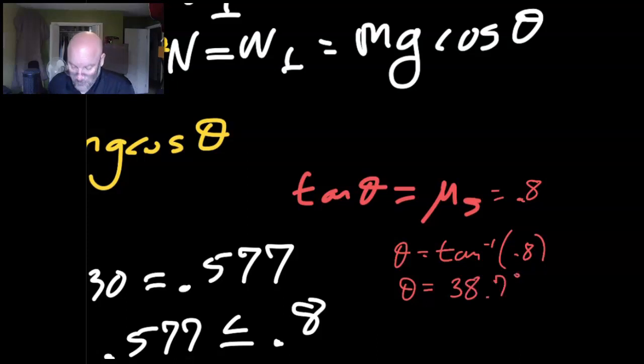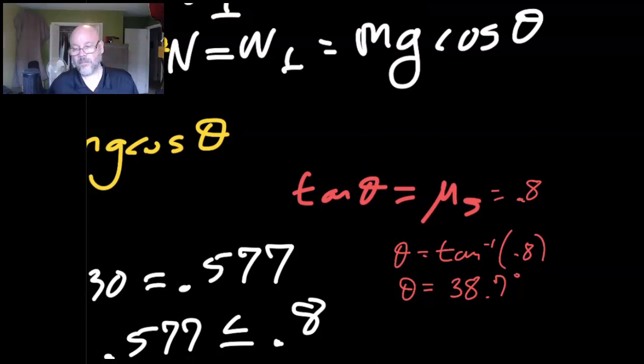And we find out that our angle there is 38.7 degrees. So with our coefficient of 0.8, we could lift that ramp up higher and higher till we reach 38.7, and then our block is going to begin to slide. As soon as we hit 38.8, it's going to start to slide on us.